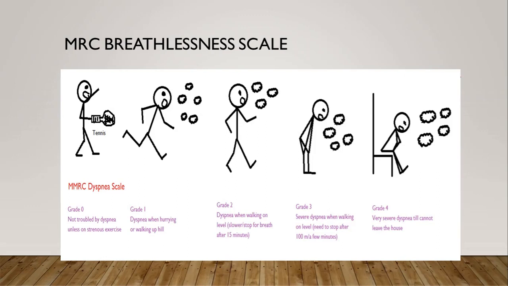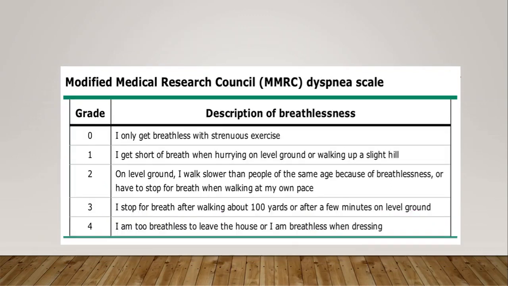We depend on the modified Medical Research Council dyspnea scale. The grade gives us an idea about the severity of the dyspnea. Is the patient dyspneic at rest, or too breathless to leave the house?